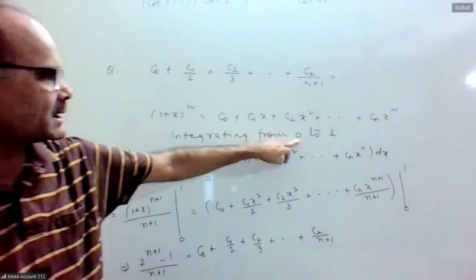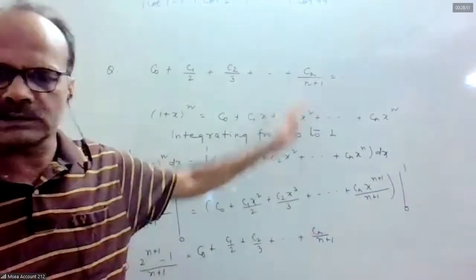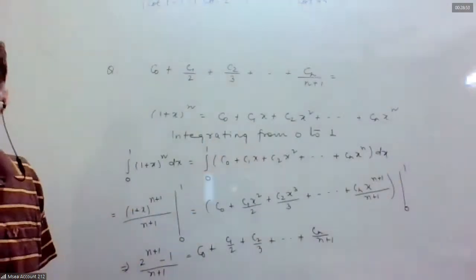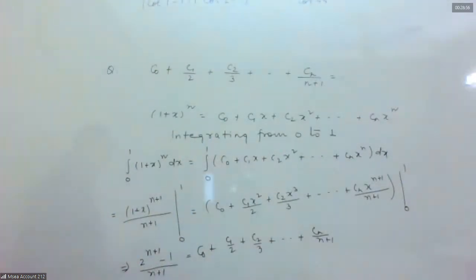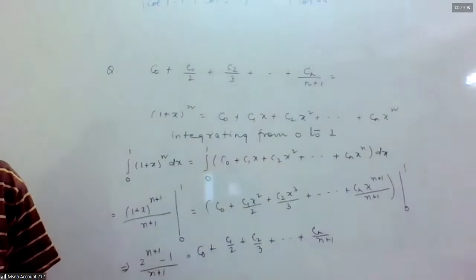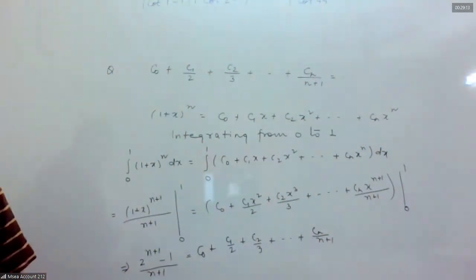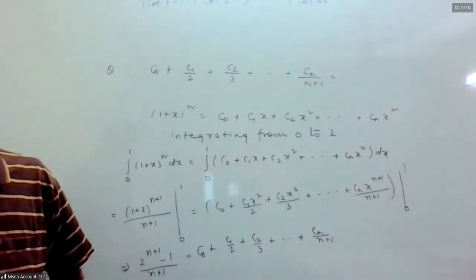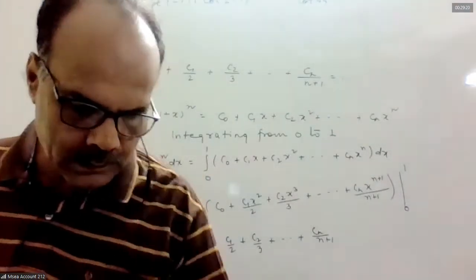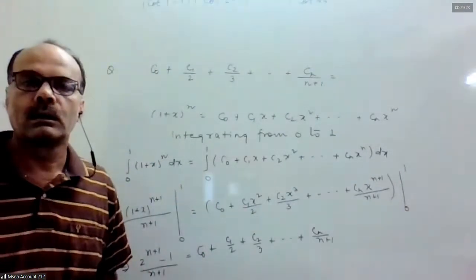By just changing the limits, we can prove all these types of identities. Shall I repeat? 1 minute, sir.